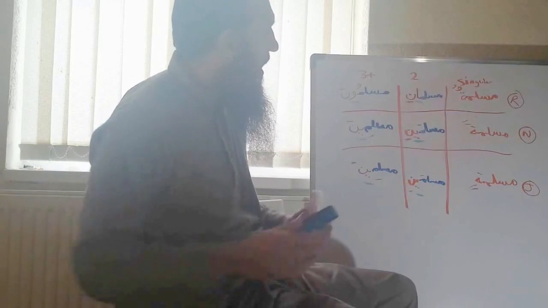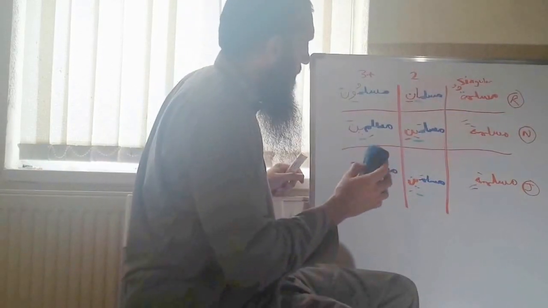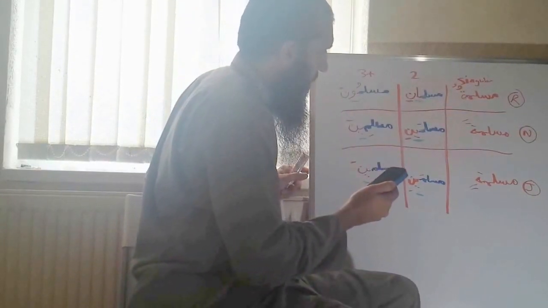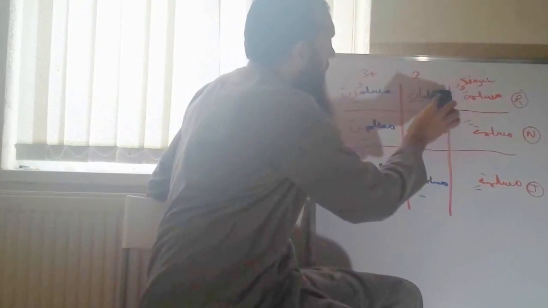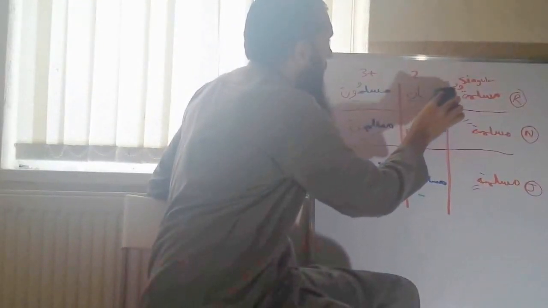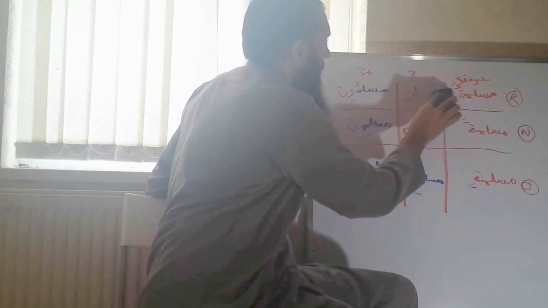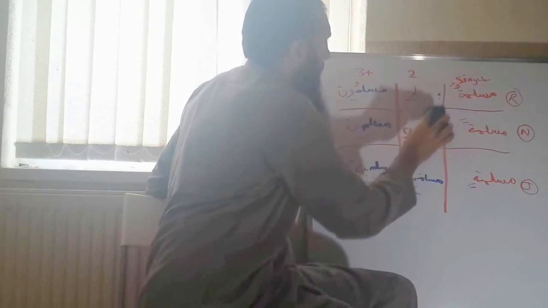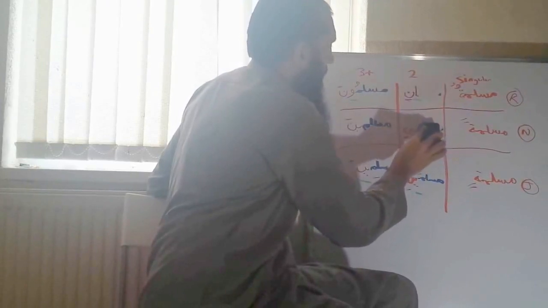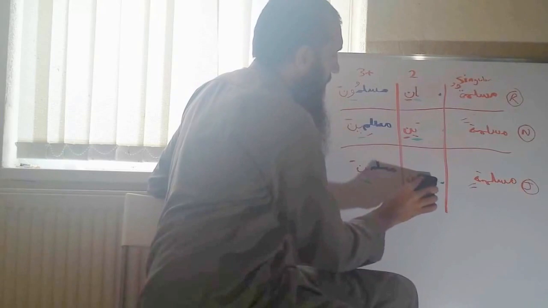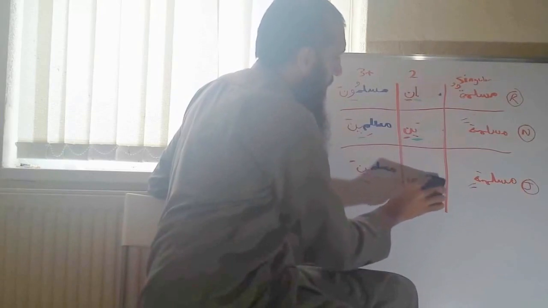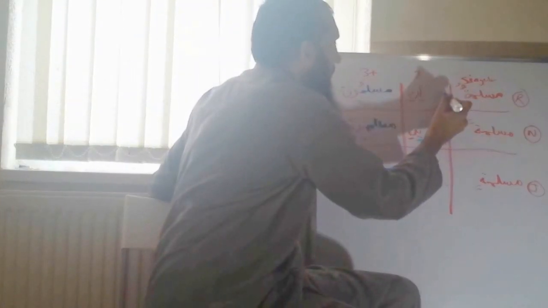And here we have, let's delete this bit and add this bit then. This should give you a clue that the endings don't really change in the feminine for the second one as well. But because we've got the ta in there, that comes here now.